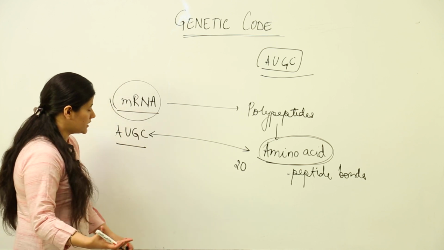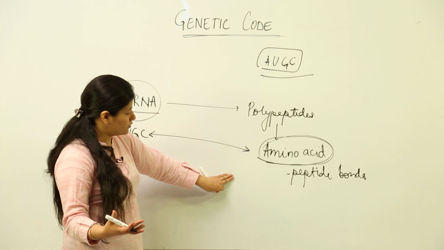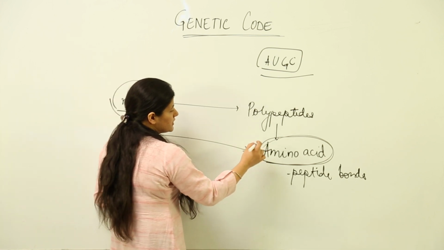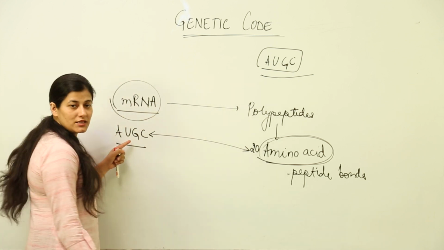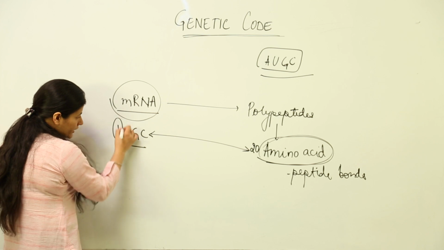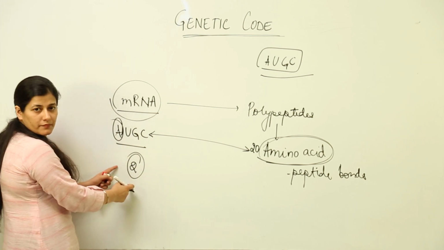Now, many scientists started studying it. Before we get to what they had studied, we have to see that 20 amino acids would be coded by these four nucleotides. So, one single nucleotide cannot code this. Alright, why?